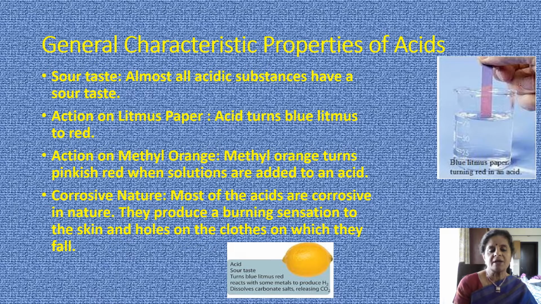And the next one is the action on methyl orange. When methyl orange solution is added to an acid, it changes to reddish pink. And the last property of an acid is most of the acids are corrosive in nature. That means they give burning sensation to the skin and make holes on the cloth in which they fall.